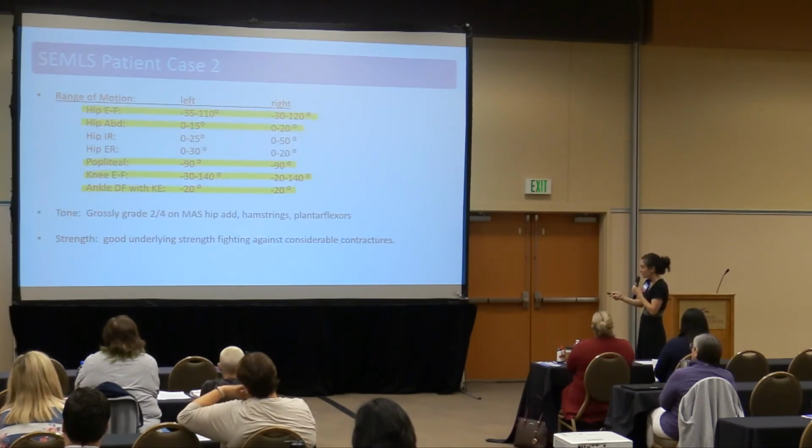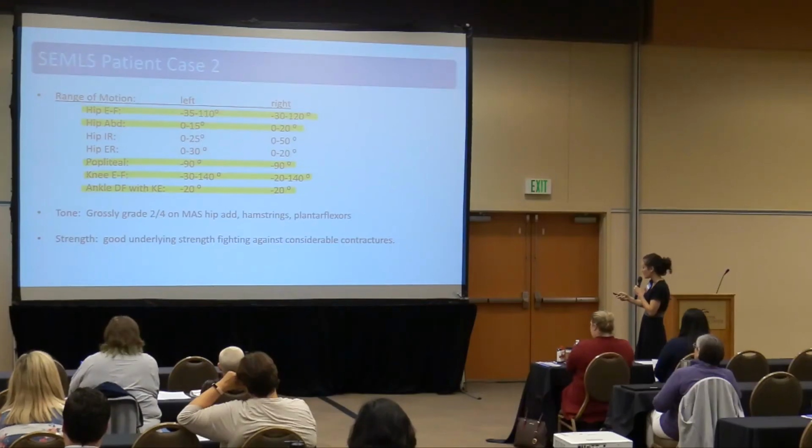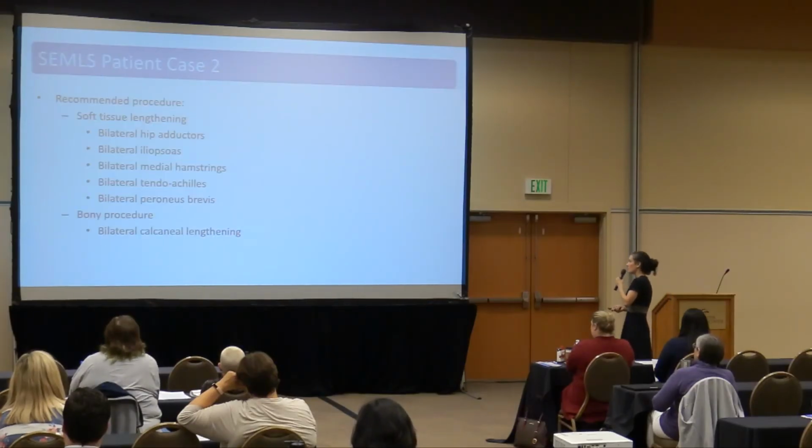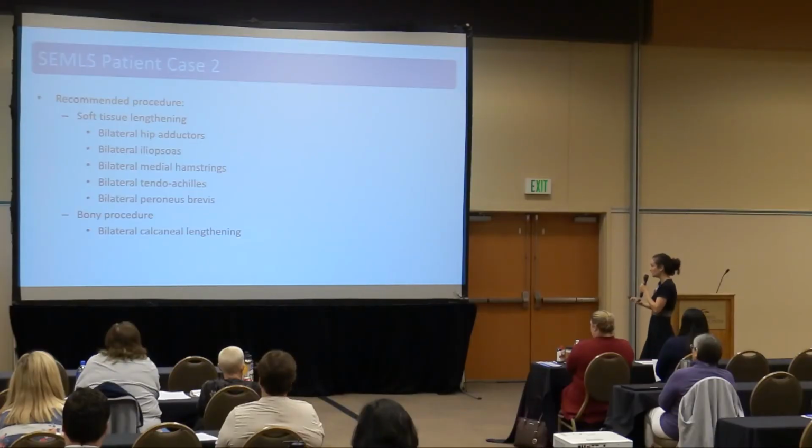She also has a lot of contractures in the hip flexors, hip adductors, hamstrings, the knee joint, and the ankle plantar flexors as well. So she had both a soft tissue lengthening surgery in all of those areas, adductors, iliopsoas, hamstrings, Achilles, and peroneus brevis, but also had bony surgery. So she had a bilateral calcaneal lengthening in the feet.